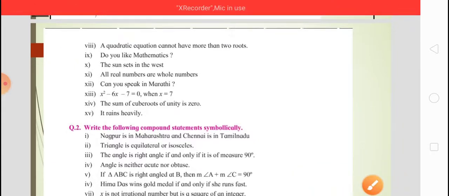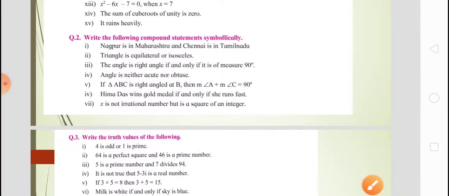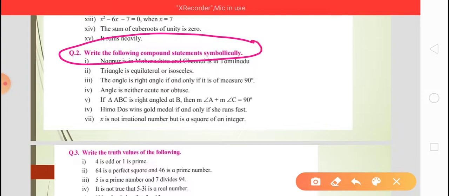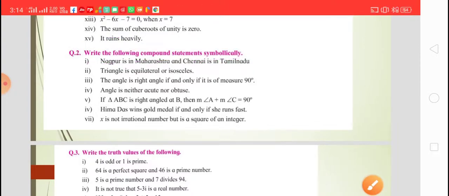Now friends, let's discuss the second question. What is that second question? Write the following compound statements symbolically. Friends, we learned about logical connectives and also the symbols for all logical connectives.